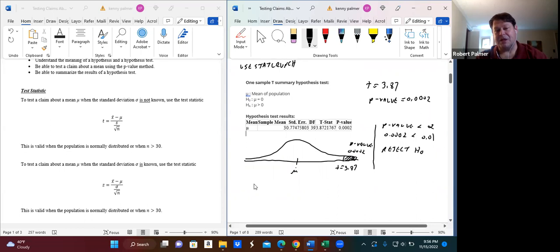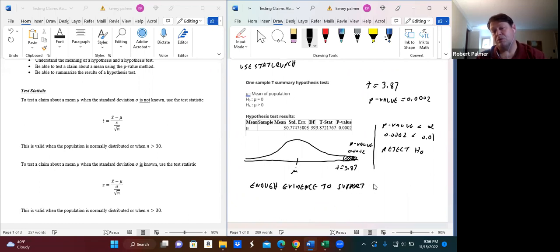So we just need to make that into a statement. One way to say it: there's enough evidence to support the claim that the mean weight loss is greater than 0.